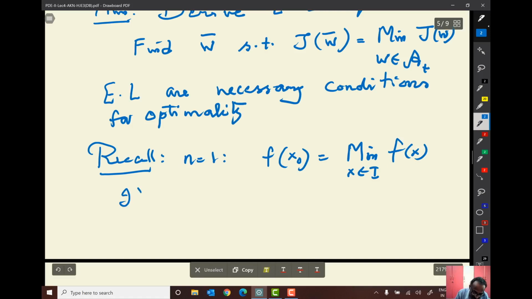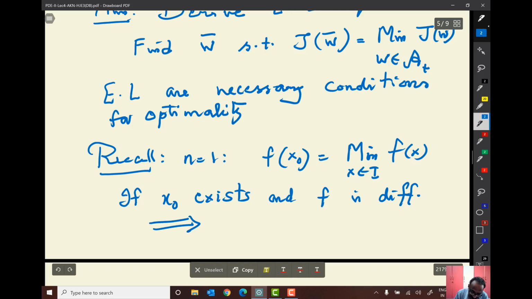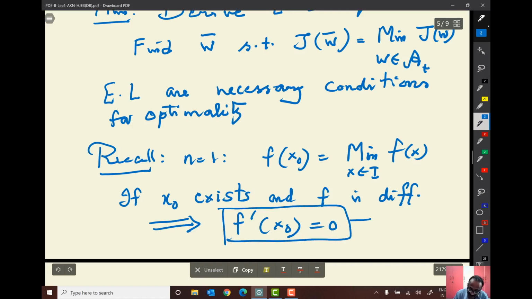If x naught exists and f is differentiable, that implies f prime of x naught is equal to 0. So this is a necessary condition. It is not a sufficient condition, you know that.